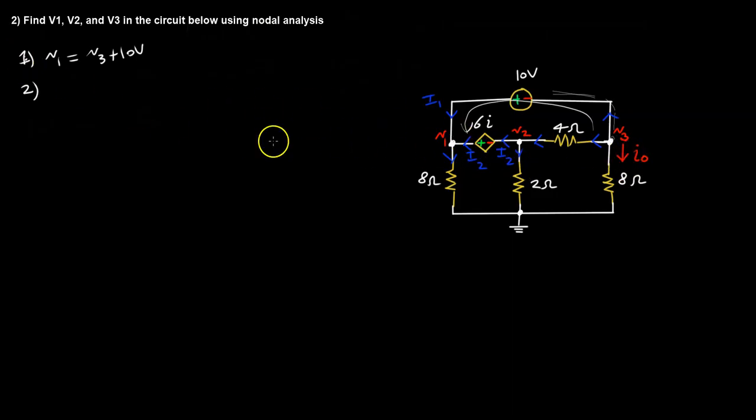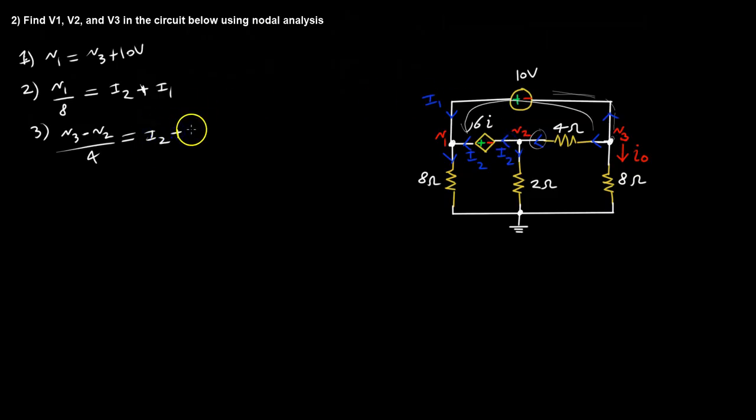So looking at the first node, we have V1 over 8 ohms is going to equal the sum of these two currents, which are I2 and I1. Looking at the second node, we get, let's see, that V3 minus V2 over 4 ohms is going to equal the sum of the currents leaving.